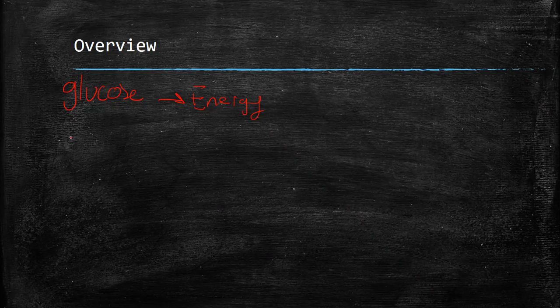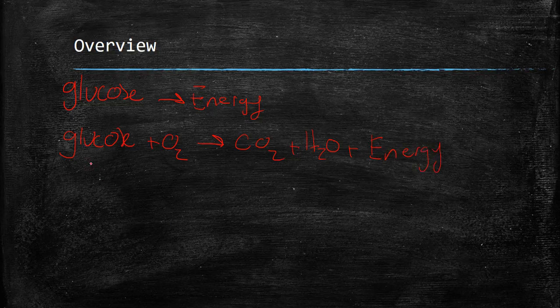Maybe you've seen it in your biology textbook as glucose plus oxygen is converted to carbon dioxide, water, and energy. This is, for biologists at least, the equation of cellular respiration.